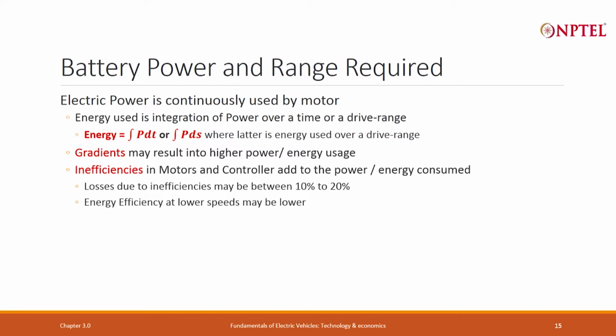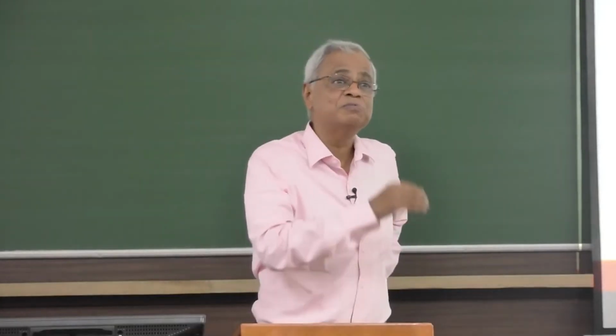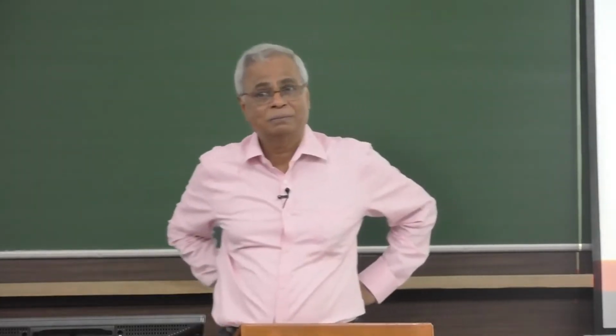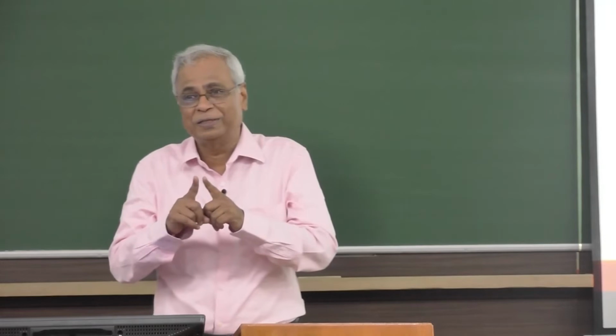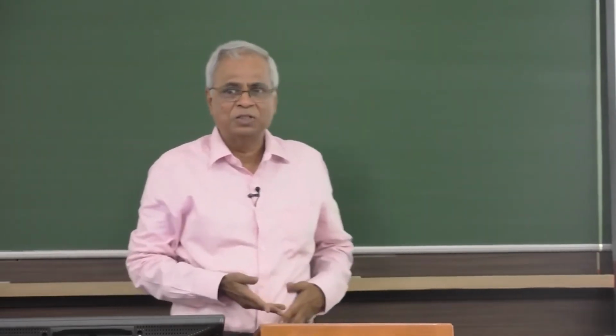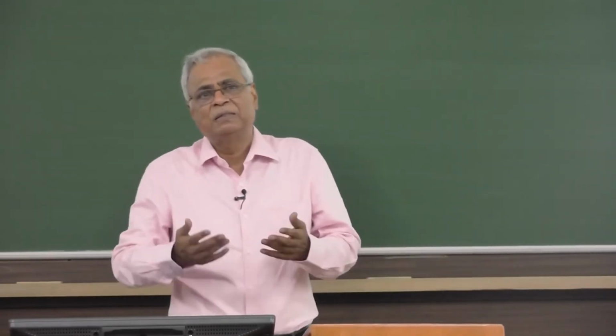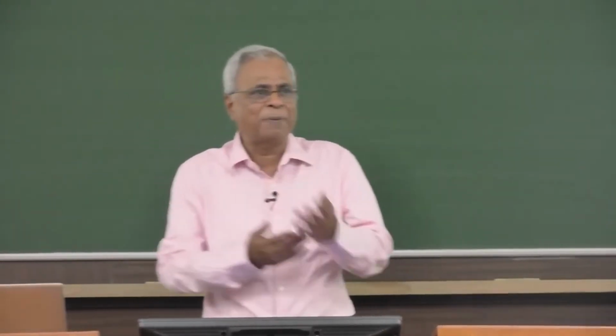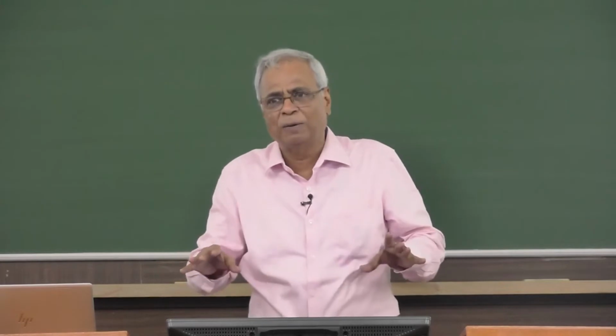I mean compared to, but if I drive at 30 kilometer per hour or 25 kilometer per hour, per kilometer energy consumed is much higher. I am talking per kilometer, I am not talking per time. Of course, at higher speed I will consume more energy. At higher speed you are supposed to have higher power and higher energy. I am not talking about that.